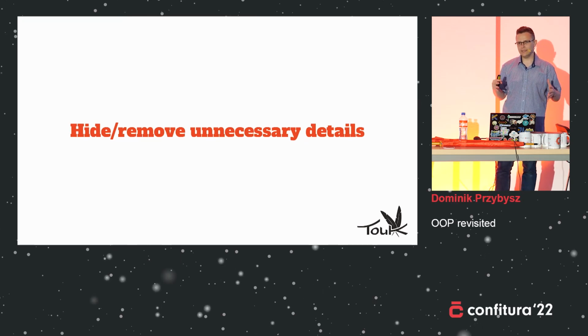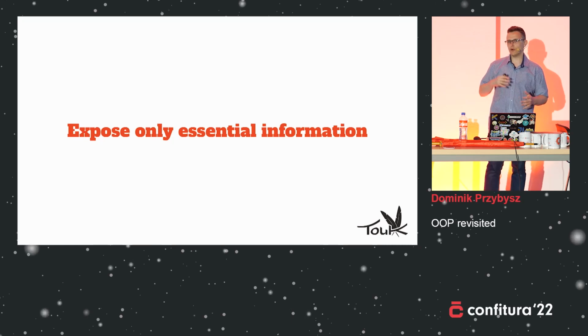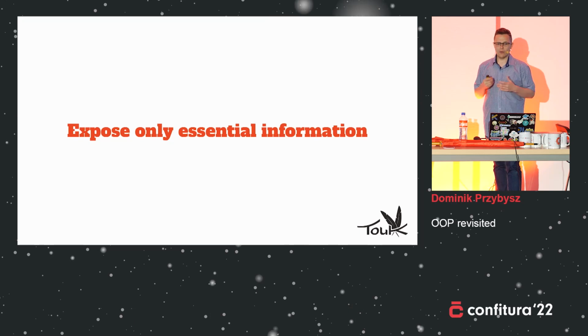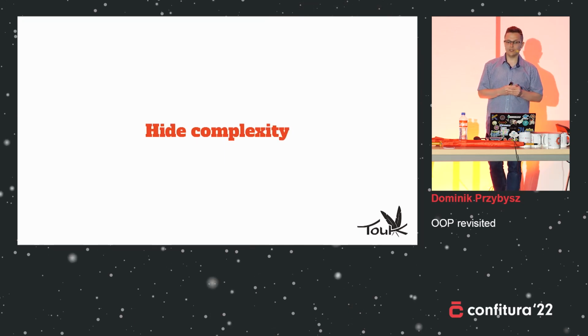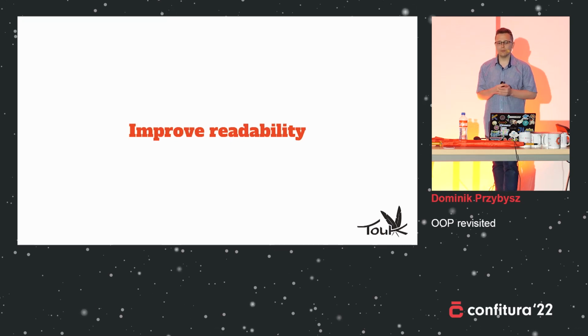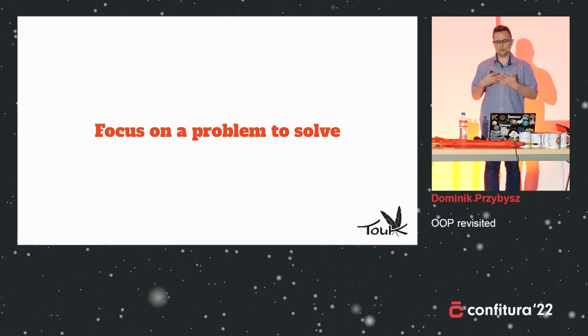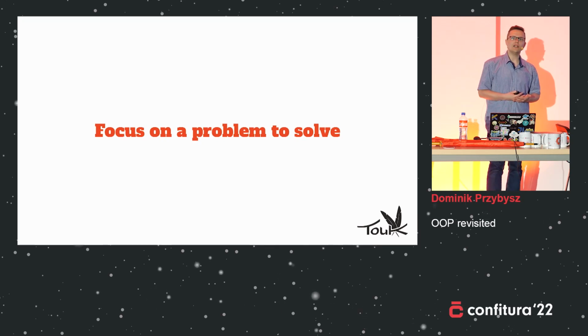And when we are hiding those things, we should expose only essential information for all the elements that have to interact with our objects. In doing so, we are heavily reducing complexity, again as in encapsulation, and also we are improving the readability of our object. Because of that, we are able to be more focused on the problem that we are trying to solve in our code.